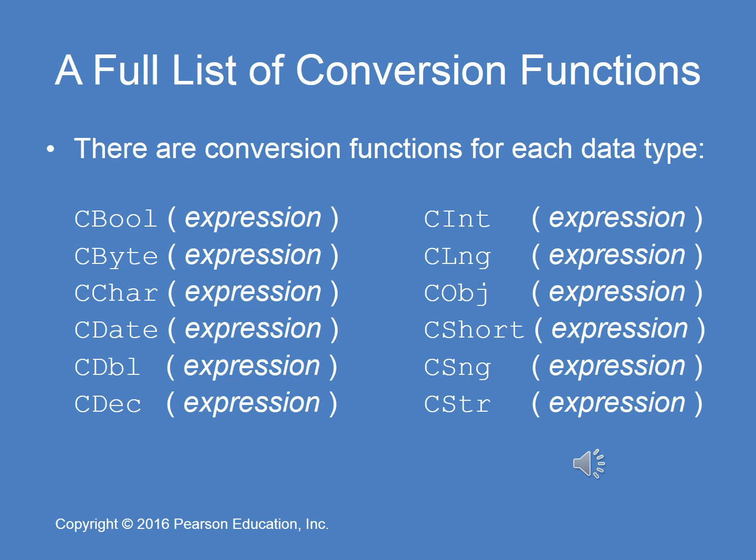This slide shows a full list of the conversion functions that are available in Visual Basic. I'm not going to recite them to you, but take a close look so that you know they're available. We'll probably use half of these in this class.